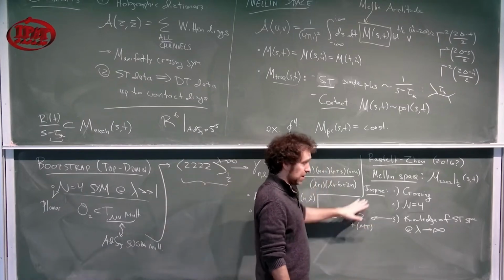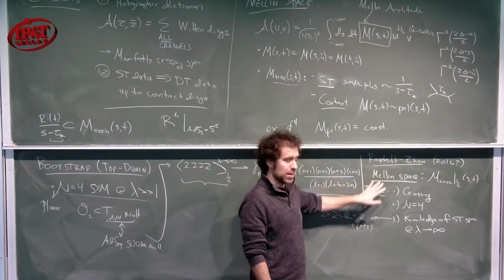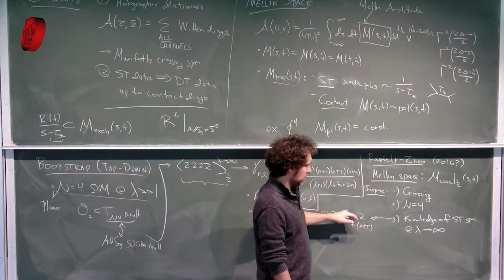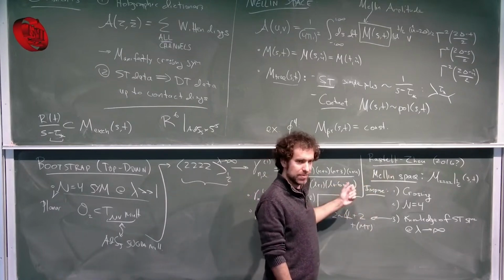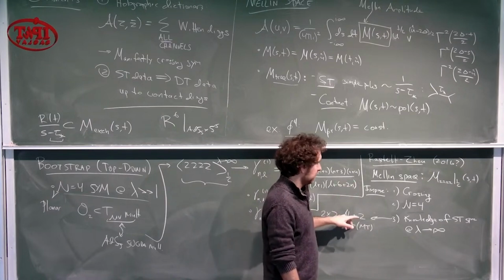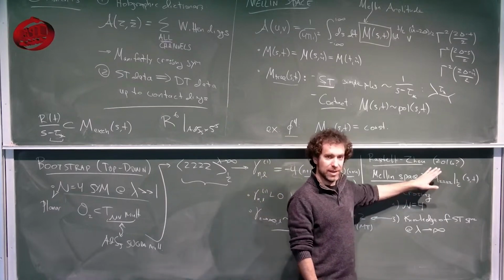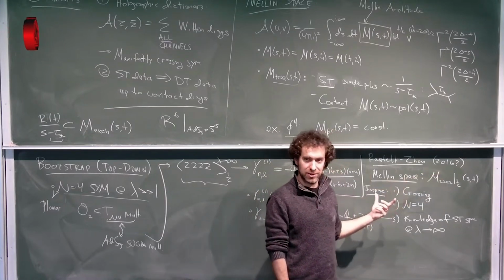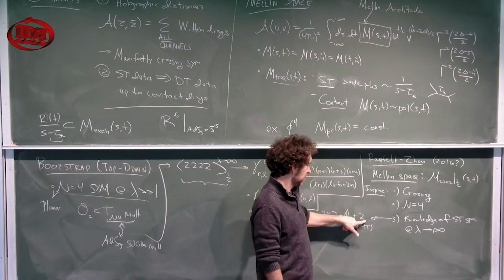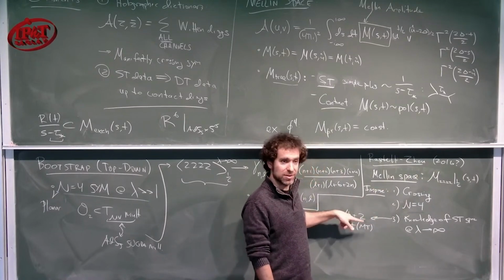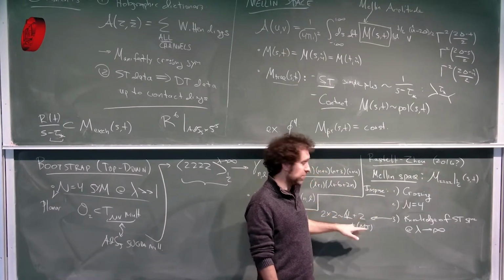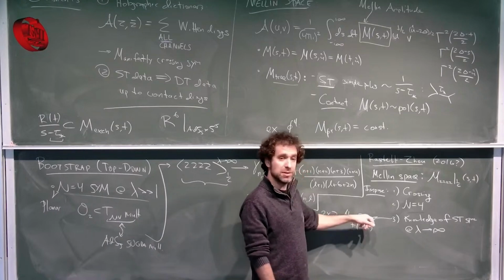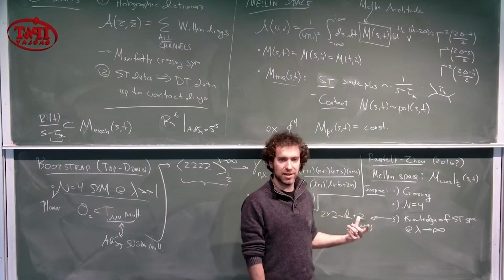This is very useful in the Mellin formalism. Remember that up to some possible contact ambiguities in M, all you need to write are the single trace exchanges. Right? The Mellin amplitude itself just encodes the single trace exchanges. Here you just have one, and so there's not some whole tower of stuff you have to include. And you know this piece, the 2-2-2 coupling, those are three protected operators.